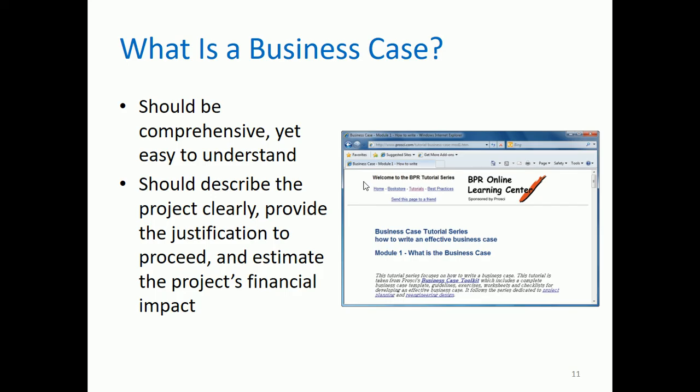You don't need to do that because there are many people who are going to read the business case, and of course, if it's a technical one, you don't need those words in order to impress them. They need to understand that, not be impressed with the use of your words. And then it should describe the project clearly, provide the justification to proceed, and estimate the project's financial impact. So that is the objective of a business case.